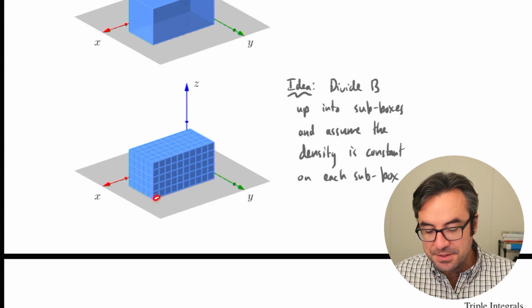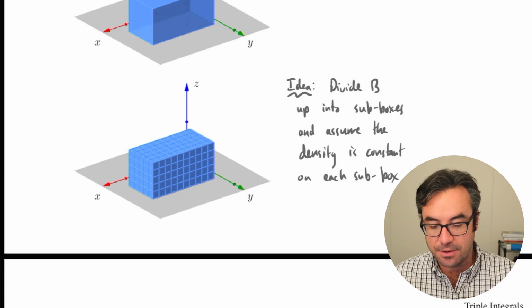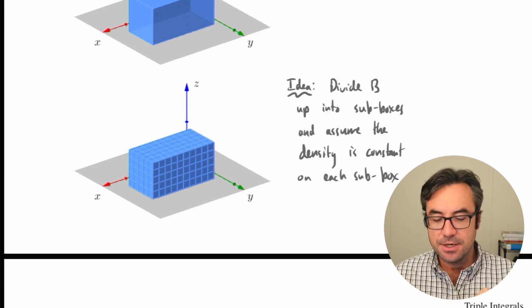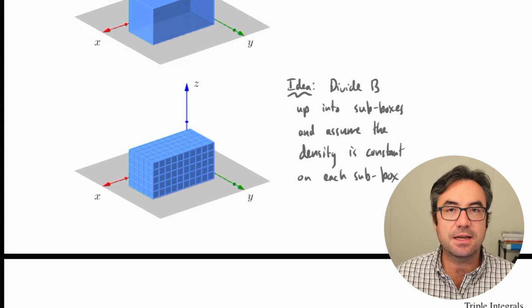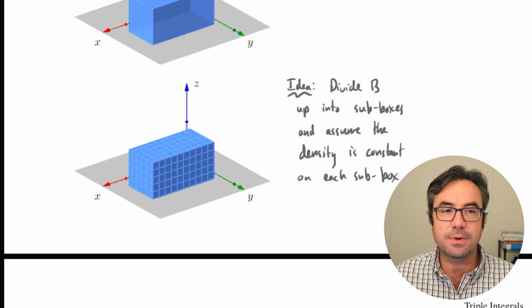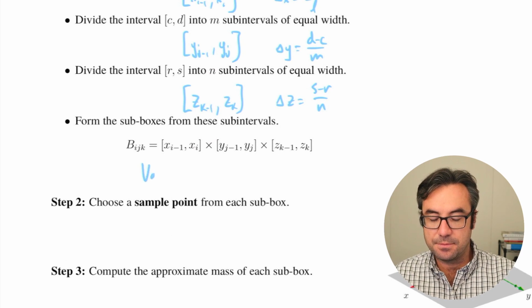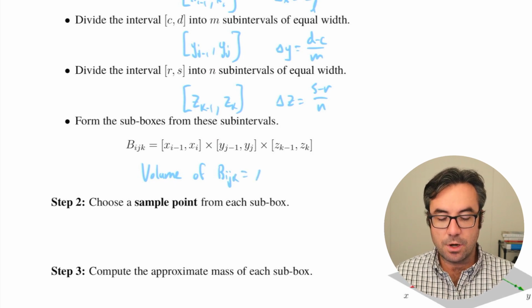The width of these in the x direction is delta x. The width of each of these in the y direction is delta y. And then in the z direction, it's delta z. So if we wanted the volume of, say, one of these little subboxes, it's just delta x times delta y times delta z. It's just a little rectangular box. So that gives us the volume of one of these little subboxes, B_ijk. We'll call that delta V. But it's really just delta x times delta y times delta z.